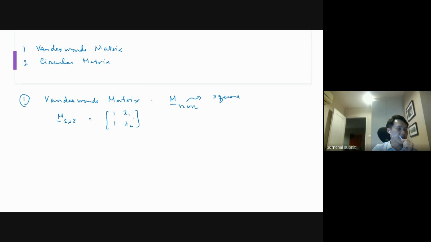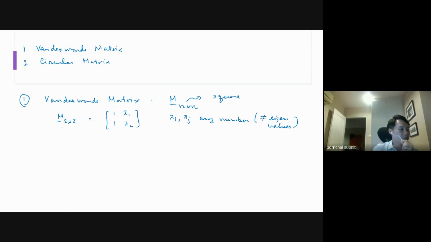These lambdas are not the eigenvalues. So lambda i, lambda j can be any numbers. Please note that they are not equal to the eigenvalues.